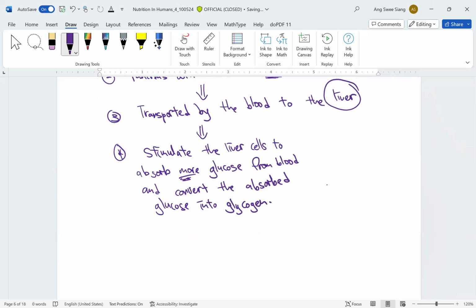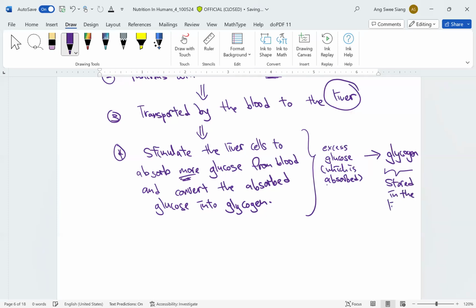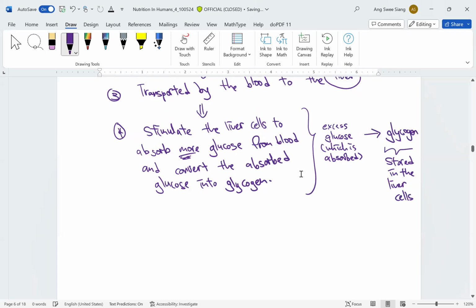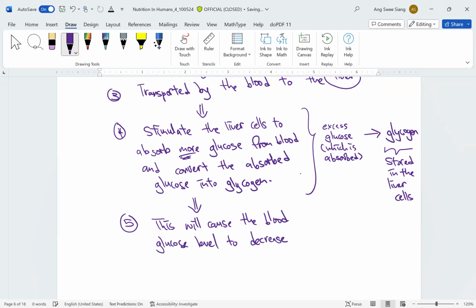When the liver cells absorb more glucose and convert the absorbed glucose into glycogen, this is what happens: the excess glucose which is absorbed will be converted into glycogen in the liver cells, and this glycogen will be stored in the liver cells.